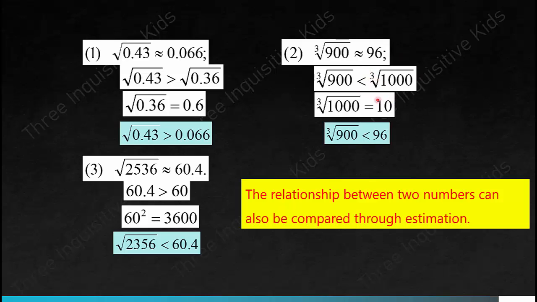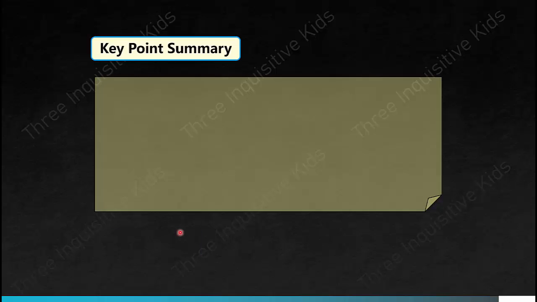We already know that the cube root of 1,000 is equal to 10, which makes the cube root of 900 less than 96. We also know that the square root of 2,536 is about 60.4. Is that right? Well, 60.4 is about 60. So 60 squared is 3,600, which means the square root of 2,536 is less than 60.4.